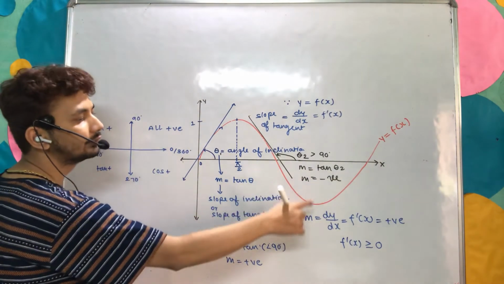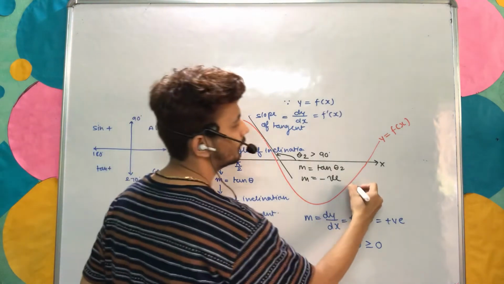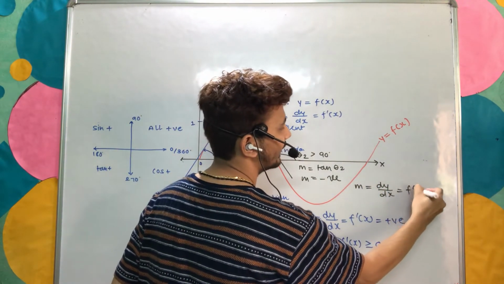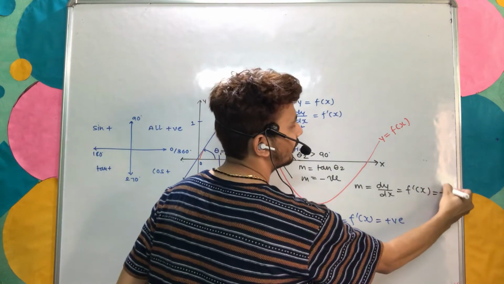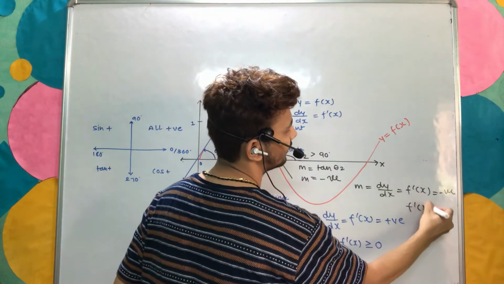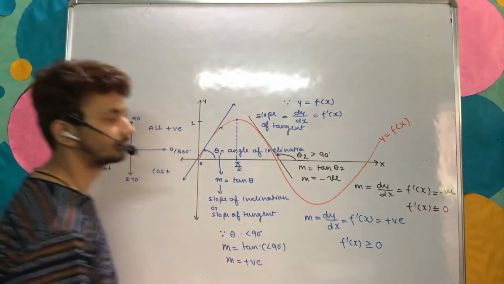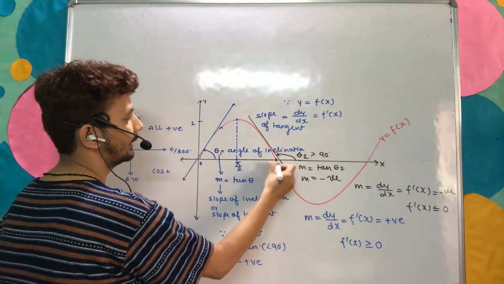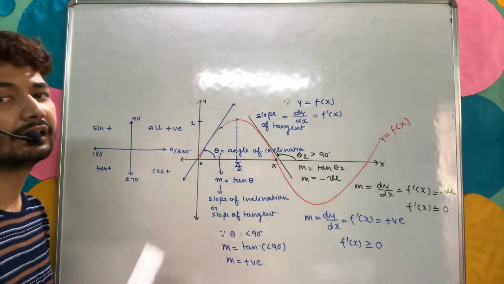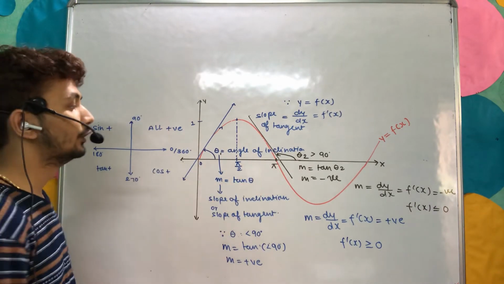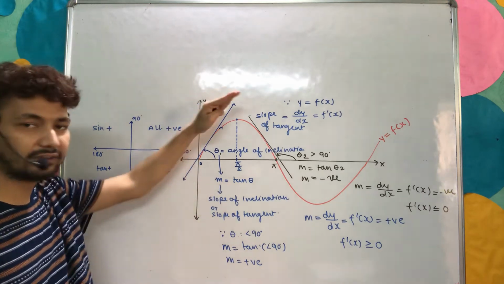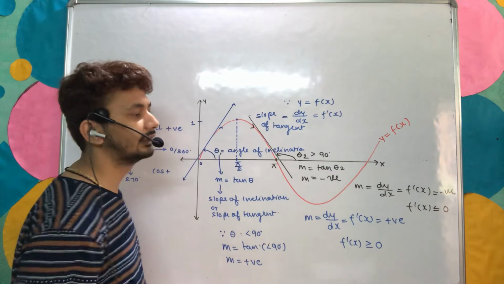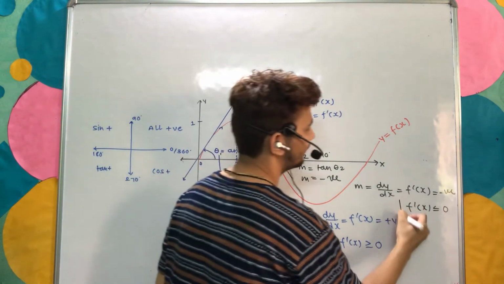As I have told you, m is equal to dy by dx, which equals f dash x, and hence it is negative. Because it is negative, its value is less than or equal to 0. Here I got two conditions. Because I have taken the sin x graph, from 0 to pi by 2 the function is increasing, and from pi by 2 to pi the function is decreasing, and I can show this by the derivative also.